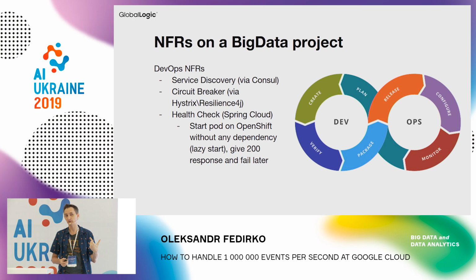Another very important thing is NFRs from DevOps. One thing that I would say: be always friendly with your DevOps team. You're going to receive a lot of useful things. They're going to define, okay, guys, I want your services that you have written in Java to utilize Consul with service discovery. All these things, it's better to bring as early as possible.